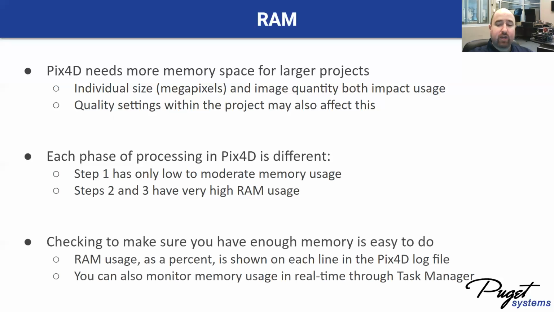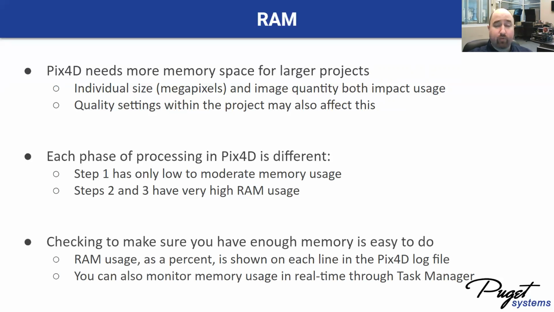And it's actually kind of interesting. If you want, you can go in and see by percent how much memory is being used at different steps in processing. After something's done, you can look at the log file that Pix4D generates, and every line will show both a percent of CPU usage, which is total usage across all the cores, as well as percent of the RAM being used.